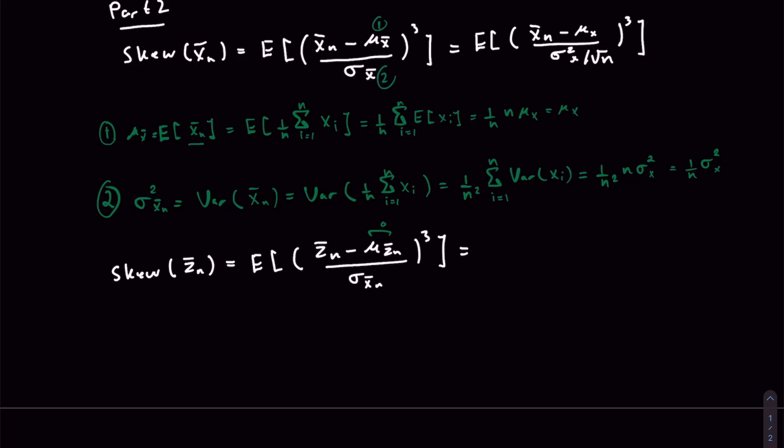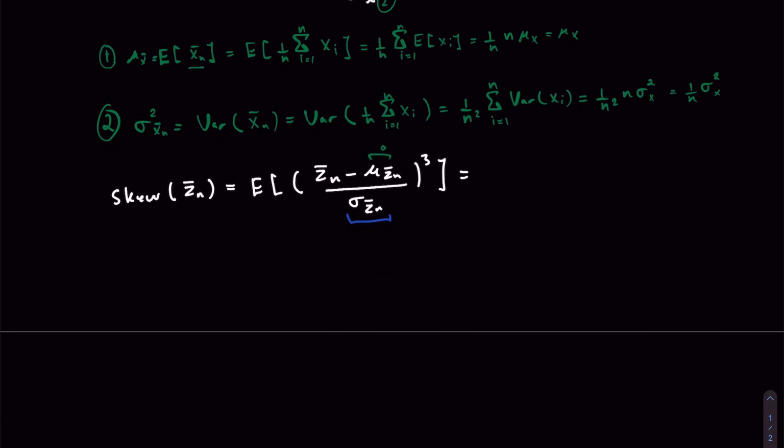Do it in green again. Oh, let's do it in blue. So this term, and I see that I've mistyped. It's not x, it should be z. Okay, so that we do here.